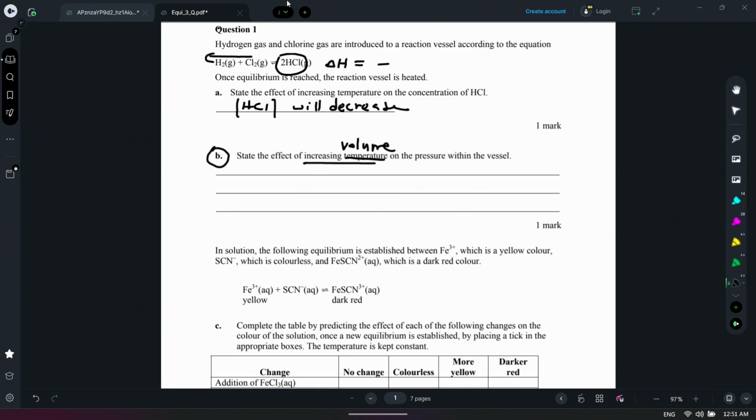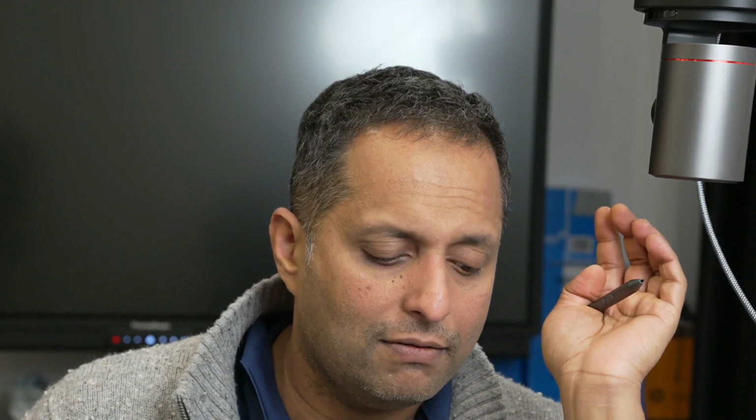If you look at the answer, it was meant to be a volume change, increasing the pressure by changing the volume. It should not be the temperature. That is what I think.